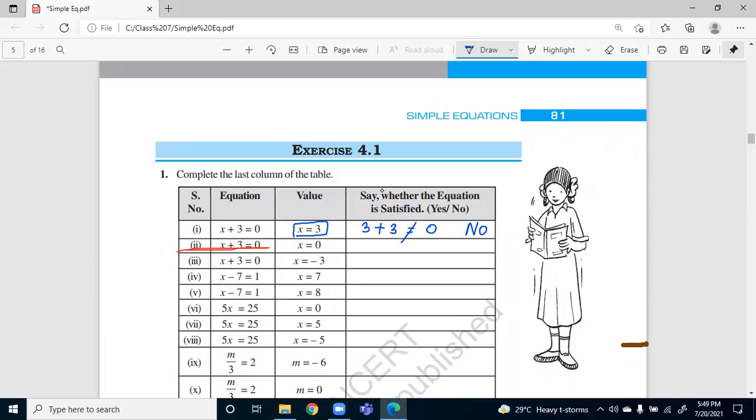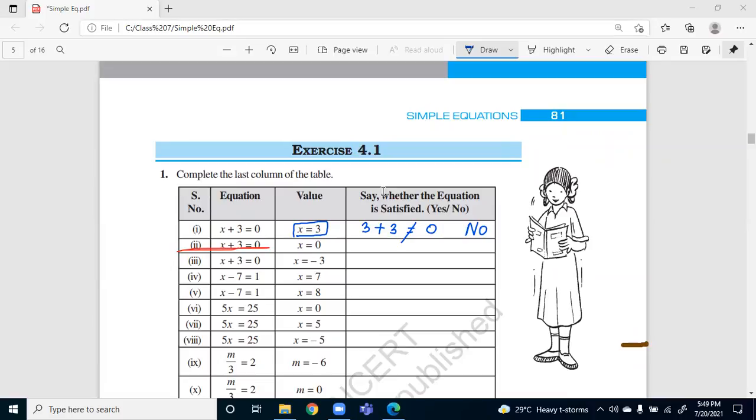Ma'am, the third one is correct. Why have you skipped the second part? Ma'am, I thought you will do that because you have underlined that with a red mark. No, that red mark is annotation done by you.